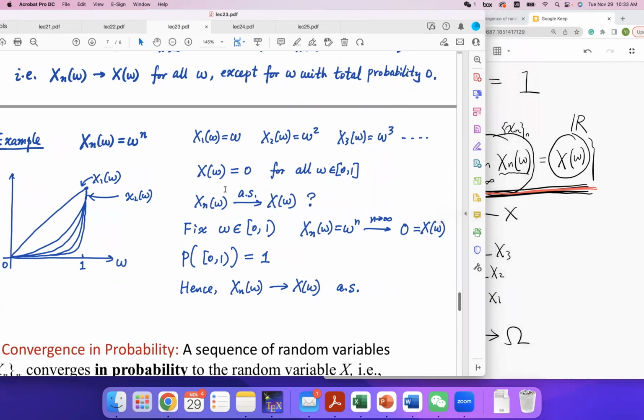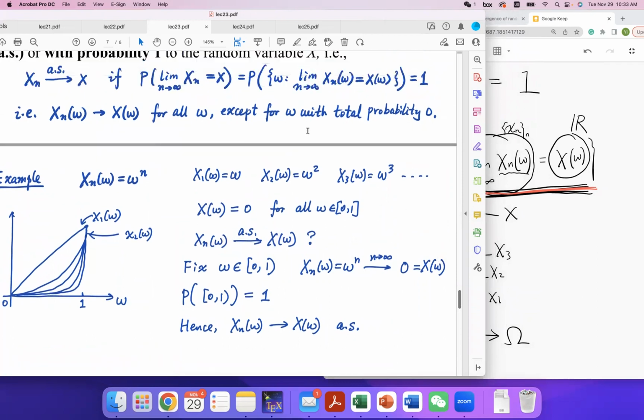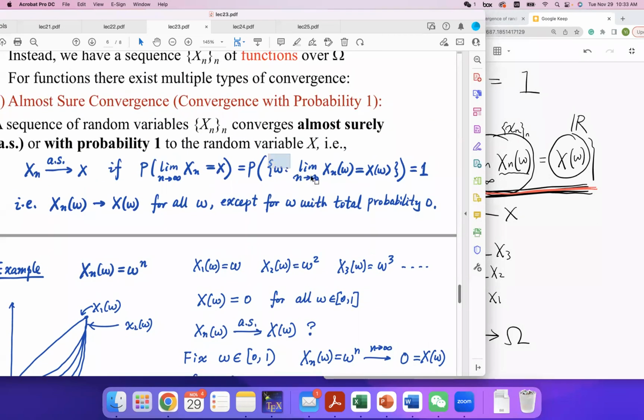Now, how do we show that? Basically, we want to show that this set has probability measure 1. We collect all the outcomes omega such that Xn(omega) eventually converges to X(omega).